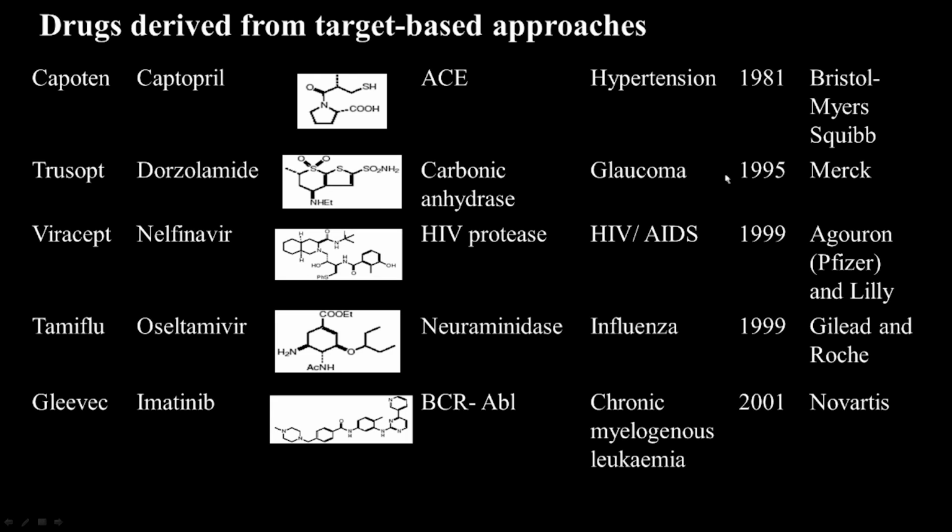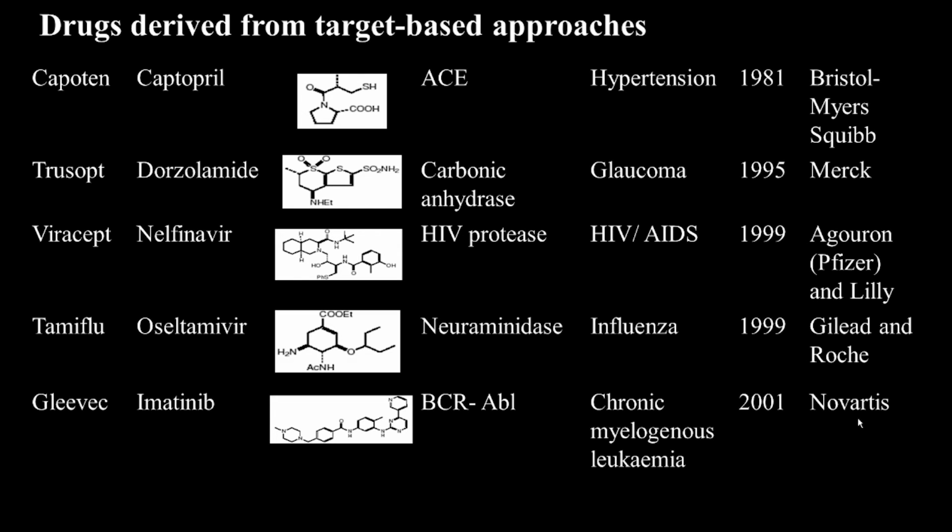HIV protease, nelfinavir, Pfizer and Lilly. Oseltamivir, influenza. Imatinib, chronic myelogenous leukemia, Novartis. These are just some examples. There could be many more, but it's possible to look at target-based approaches.